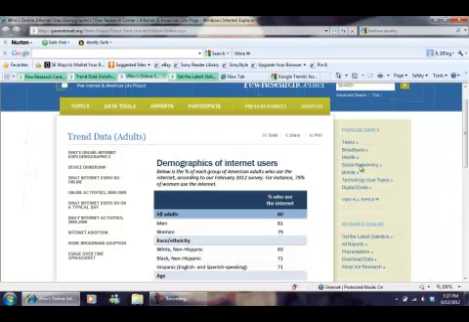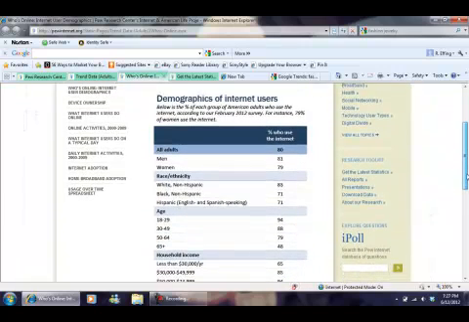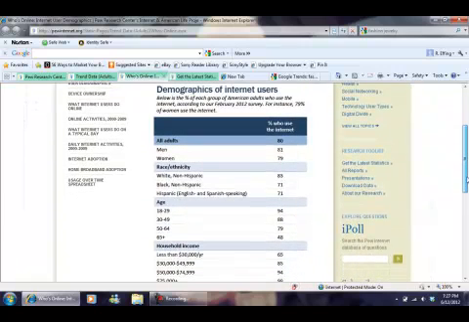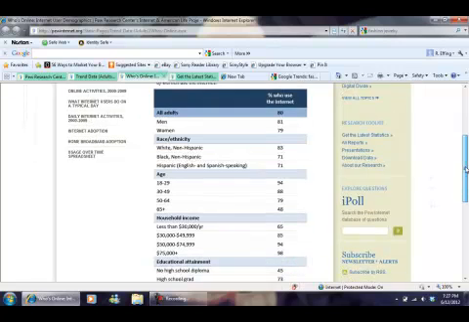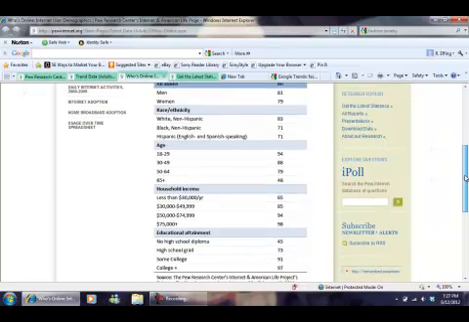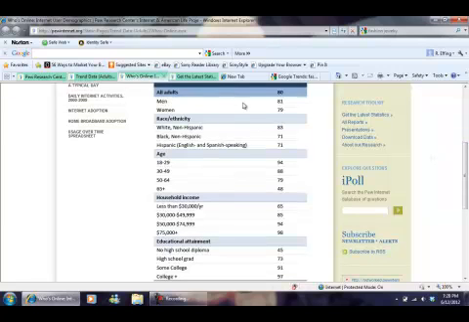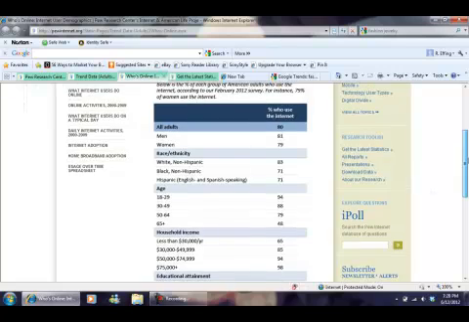And so when we click on that, we receive a listing of demographics of internet users, and this is up to date. It's a February 2012 survey, and we look at these subgroups: adults, race, ethnicity, age, household income, educational attainment, and we can determine what percentage of these folks in these subgroups are using the internet.